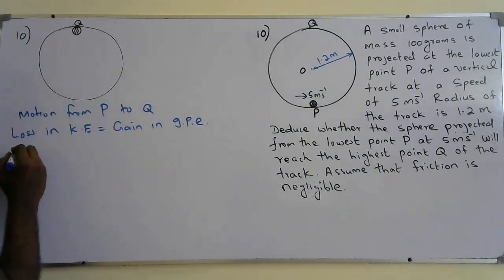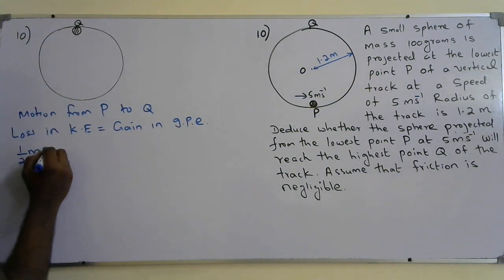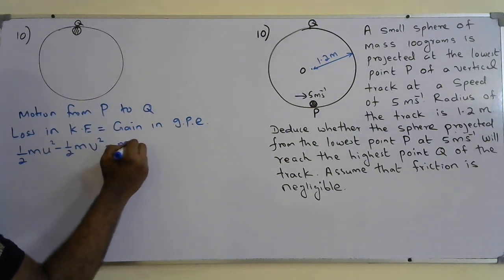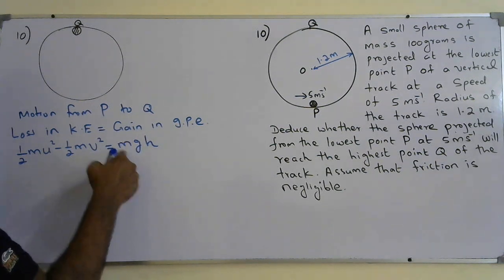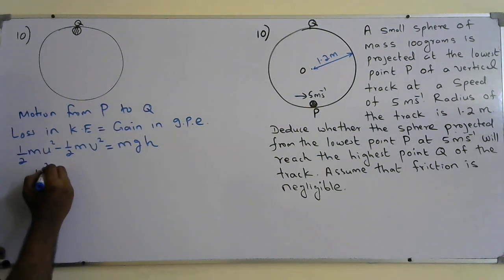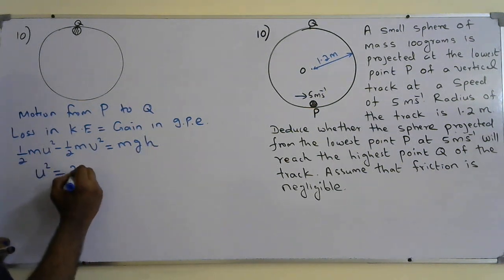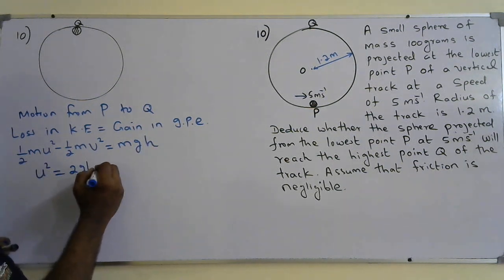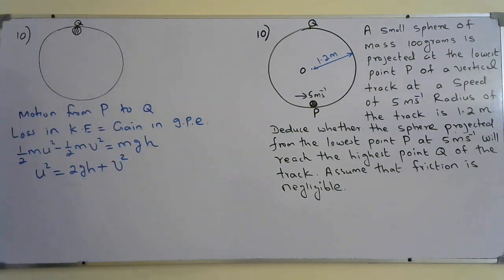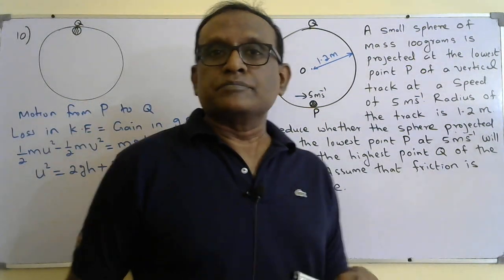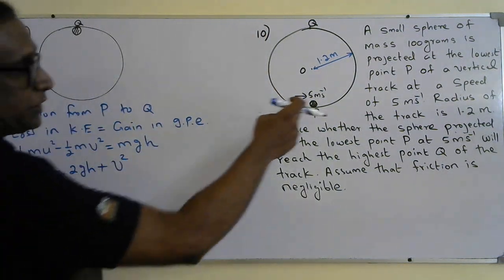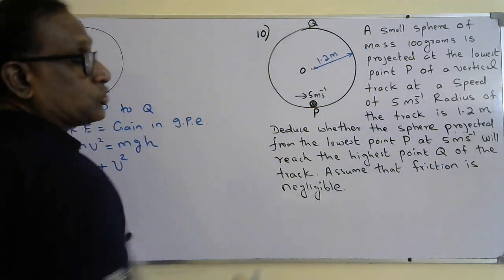So loss in kinetic energy, half mu squared minus half mv squared, equals mgh. All the masses will get cancelled. So u squared is equal to 2gh plus v squared. v is the speed at the highest point at Q. The 2gh term is constant because g can't change, and h is the height, which is 2.4.